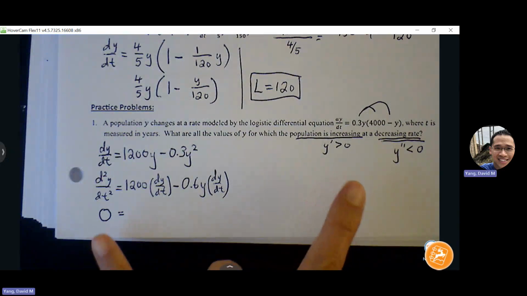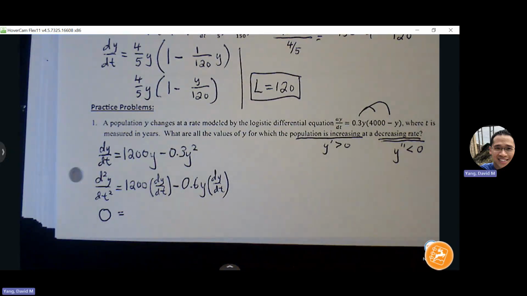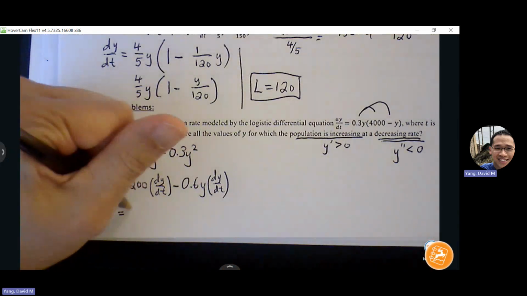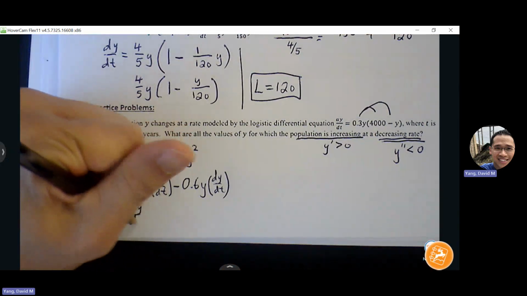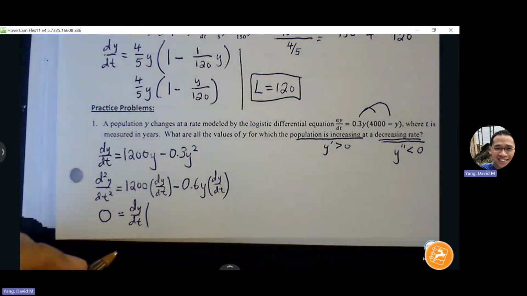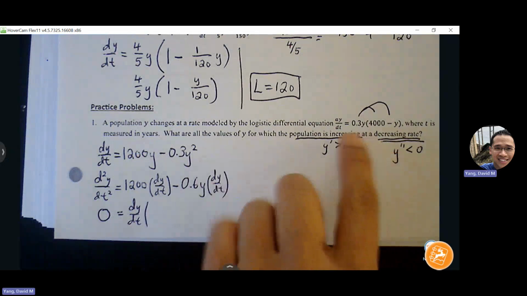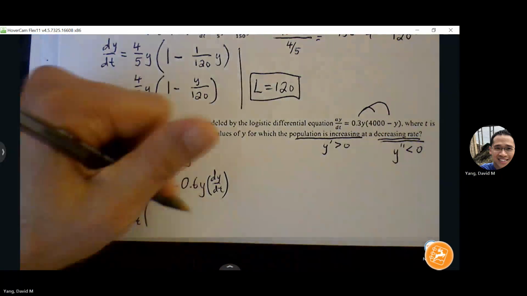Because I'm just creating a second derivative sign line so I can test my second derivative sign line to see where y double prime is less than 0. I can factor out dy/dt. If the derivative was in terms of t, then you wouldn't have to do the parentheses, right? Right, exactly. But with these, it's always going to be in terms of y.